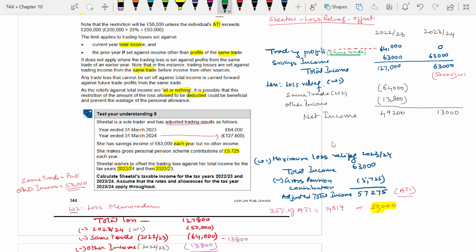Now you have the net income. From this net income, what do we have to do? In order to calculate taxable income, we have to deduct the personal allowance, 12,570.